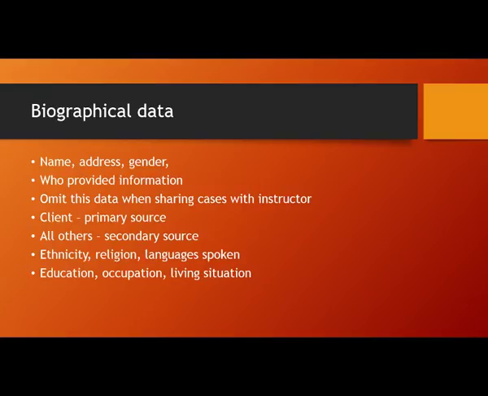So you would either use initials, and sometimes you would even disguise and change some of the facts of the case in order to make sure it couldn't be traced.